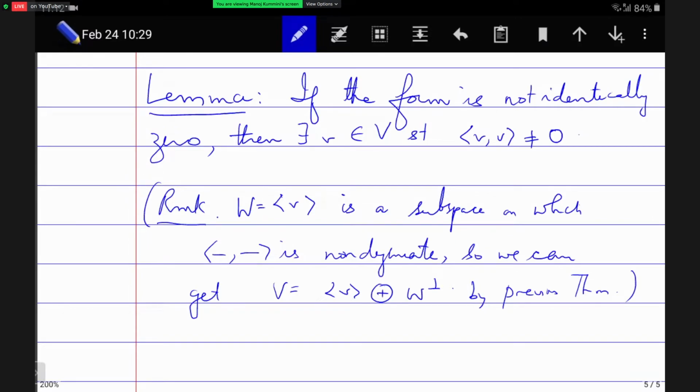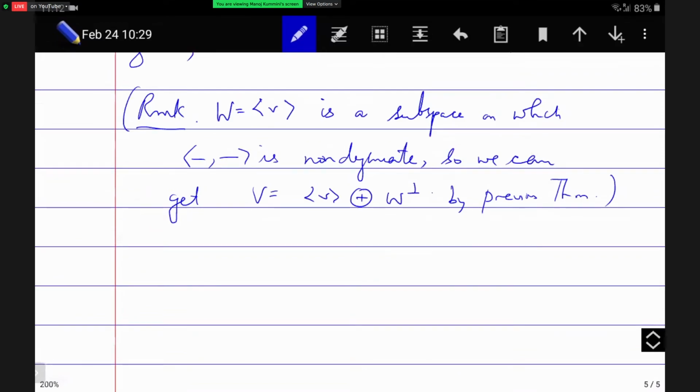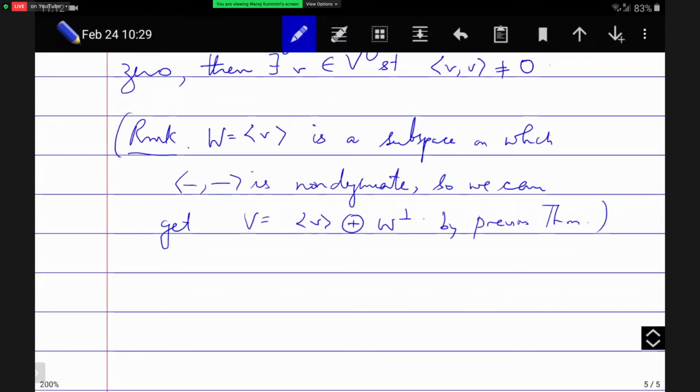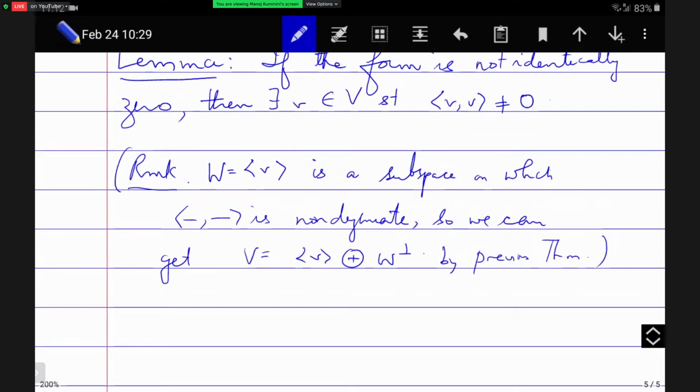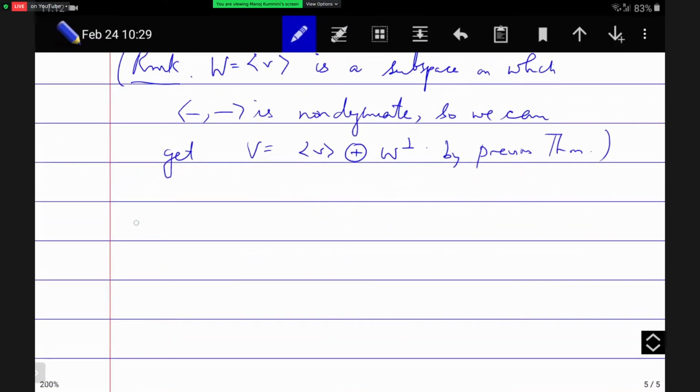We can do this one vector at a time, and then we will have to ask the same question for W perp. What is the condition that we can do the same thing for W perp, and so on. That's what we would like. We will prove that, but I just want to explain why we would look for such a lemma. Proof of lemma.